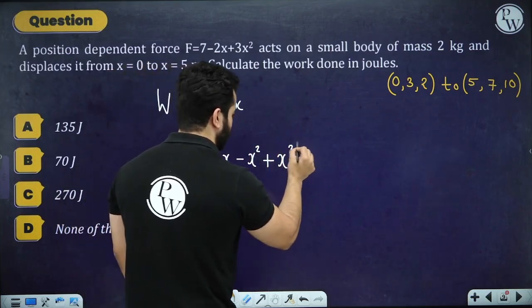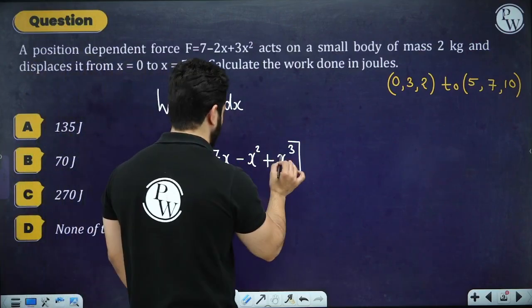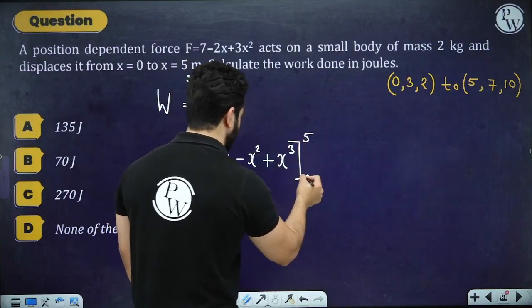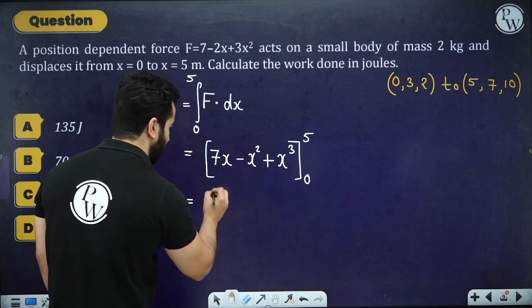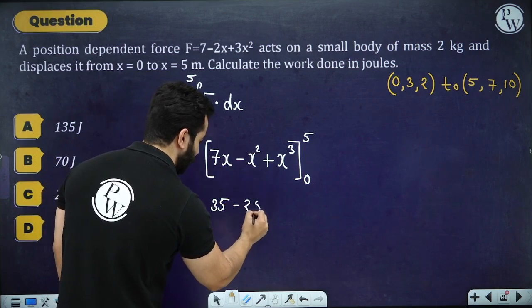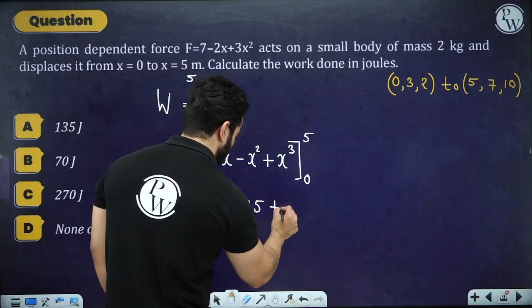Now if you are having trouble over here, please watch my basic mathematics lecture. And now let's put the limit from 0 to 5. You don't have to worry about 0. Let's simply put 5. So 7 times 5 is 35, minus 25. Is that correct? Now we have 125 over here.